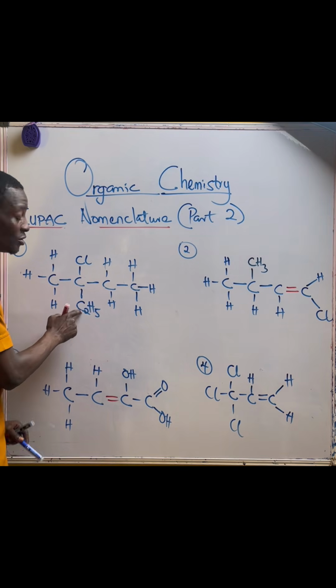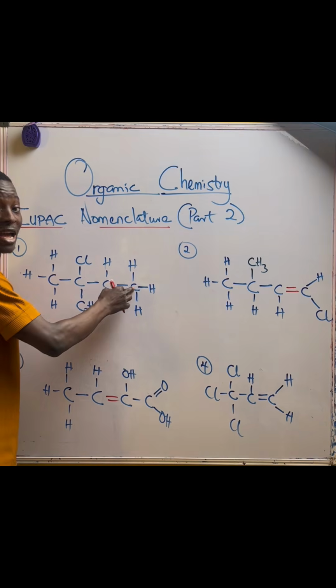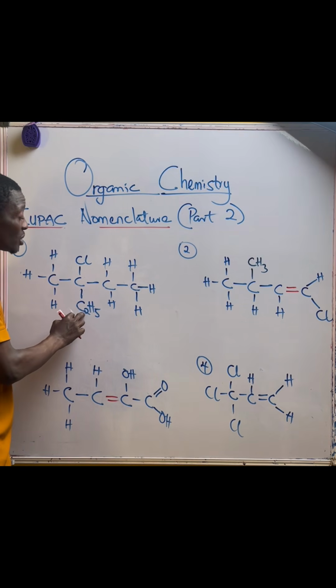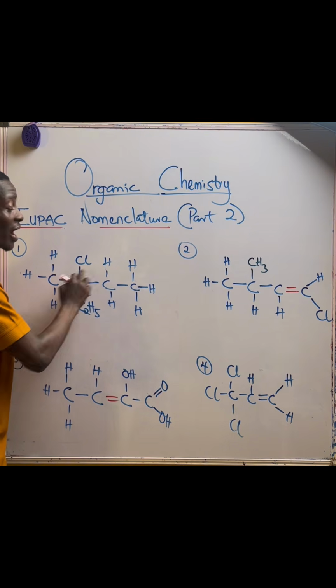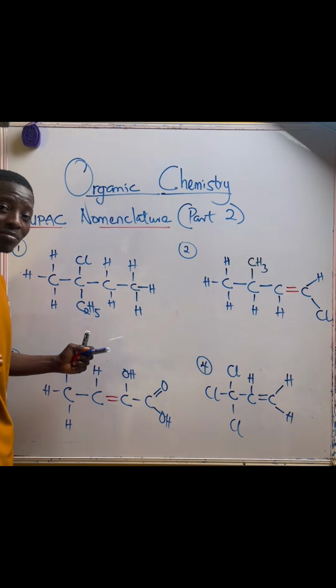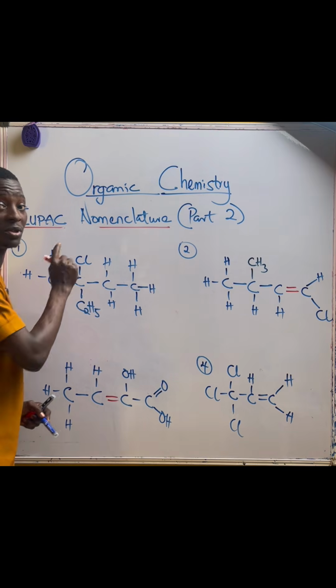So if I use this as the starting point, it means that one carbon is at the end, which can be a starting point. So from that carbon, I can start 1, 2, 3, 4, 5, which means that from this starting point, I'm having a longer one. Does that make sense? Which is 5. Can I change my starting point? The answer is yes. Which other starting point? This is a starting point. This cannot be your starting point.